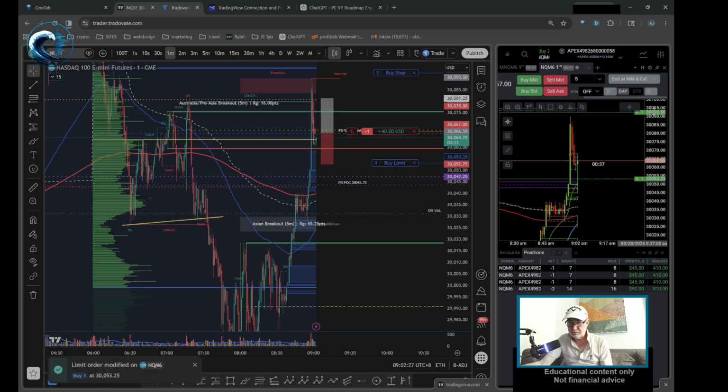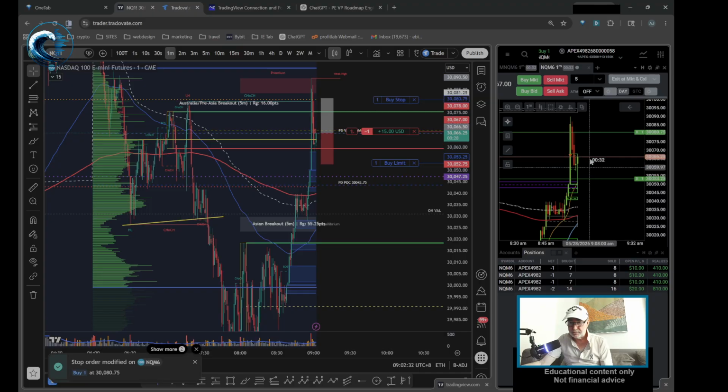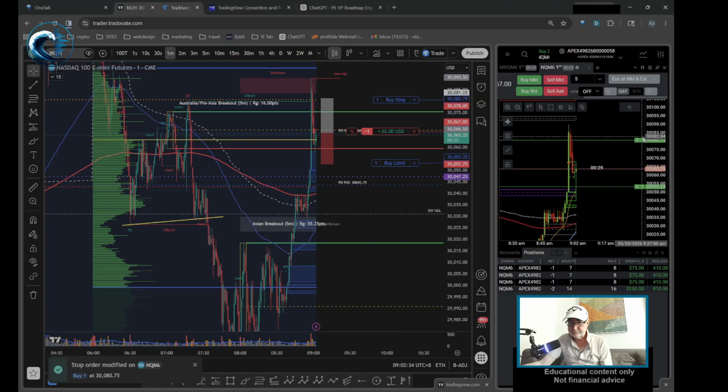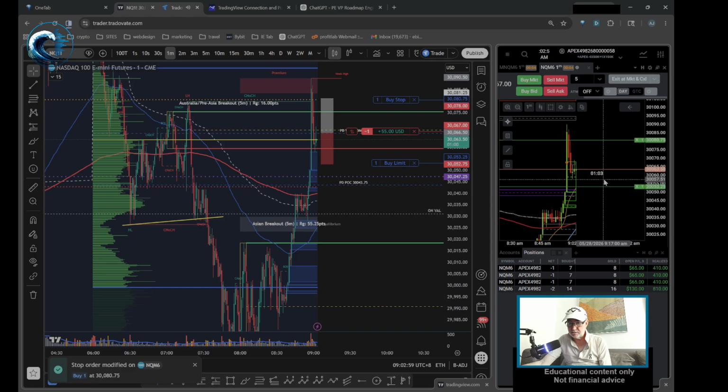I would like to reduce this risk, so if I'm going back up here, come on. Get back below here. We should be able to rock and roll.